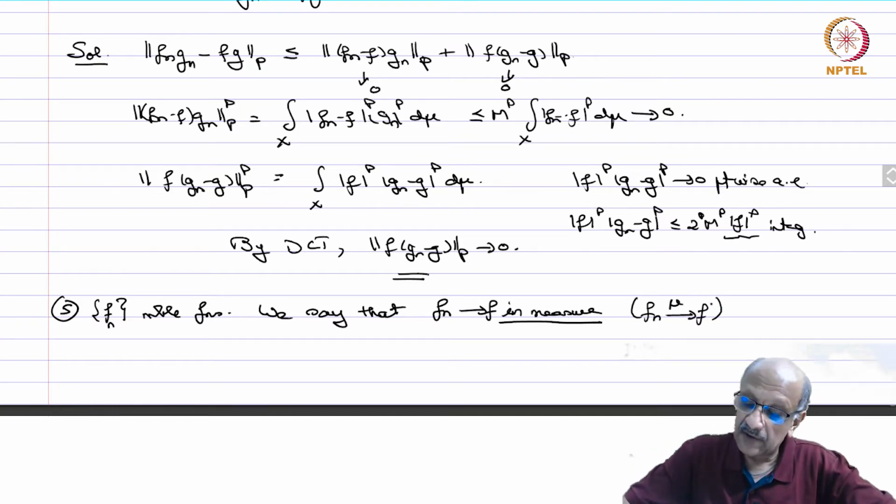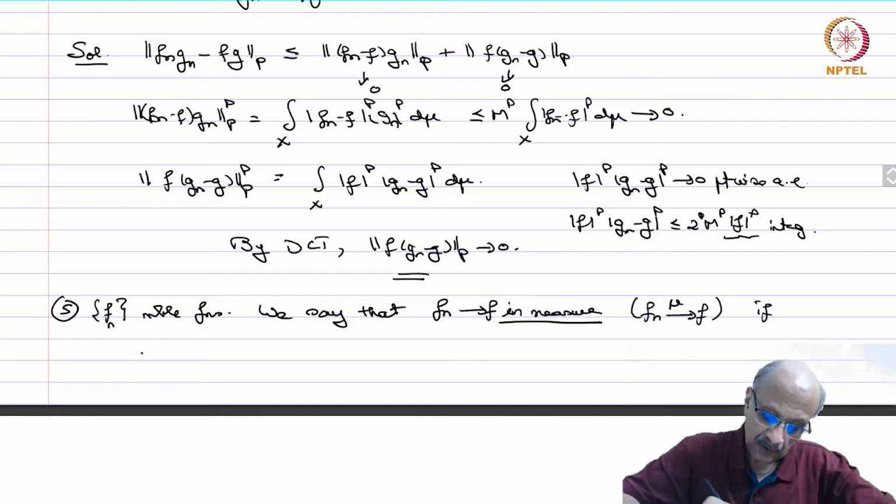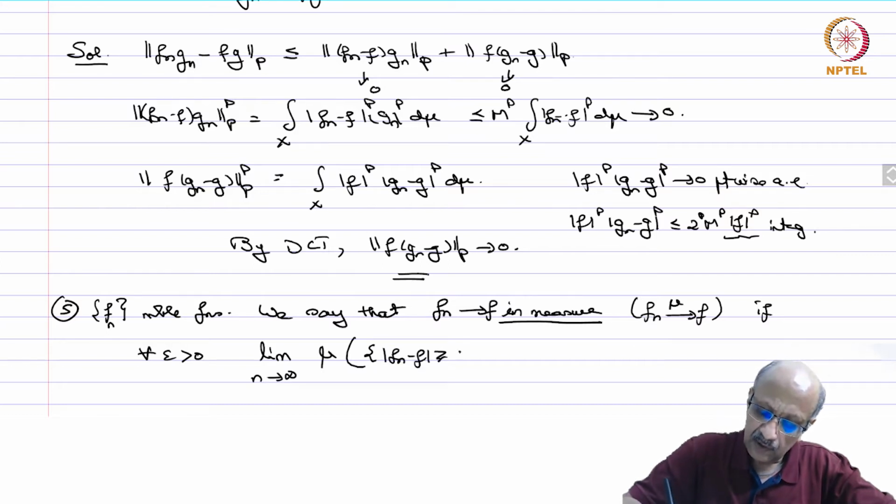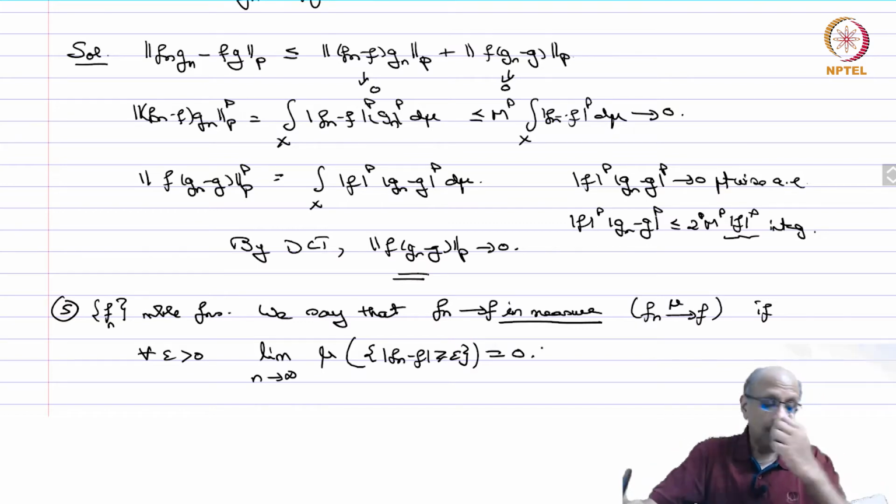This is one kind of convergence: if for every epsilon positive, the limit as n tends to infinity of the measure of the set |Fn - F| ≥ epsilon, that limit is 0.